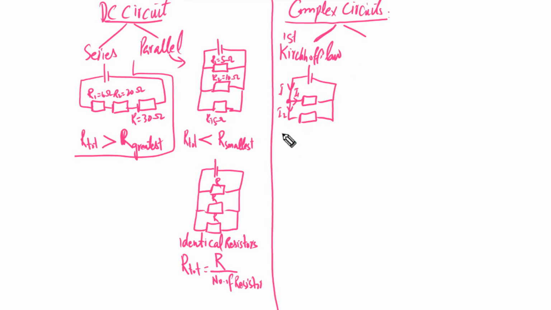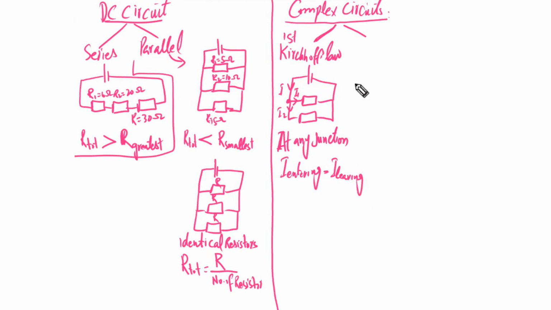This law simply tells you that at any junction, I entering has to be equal to I leaving.